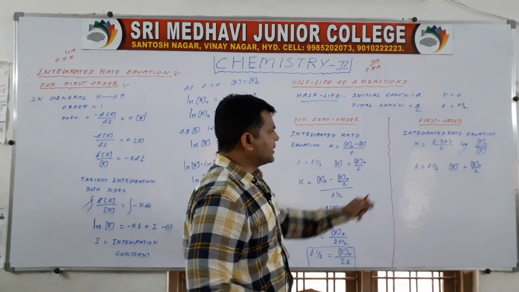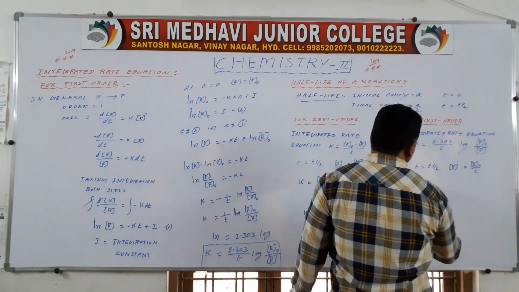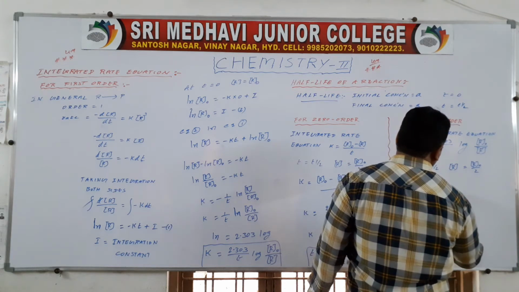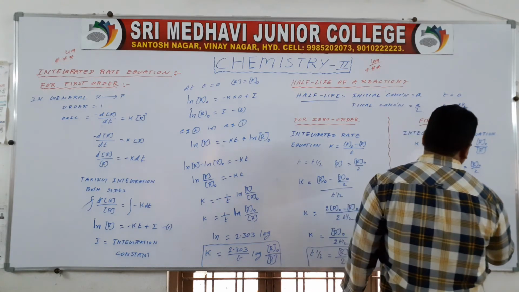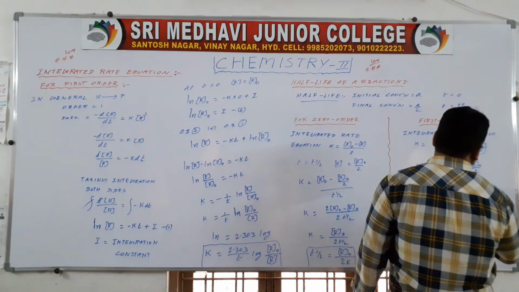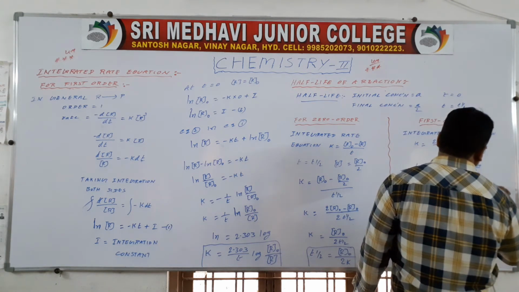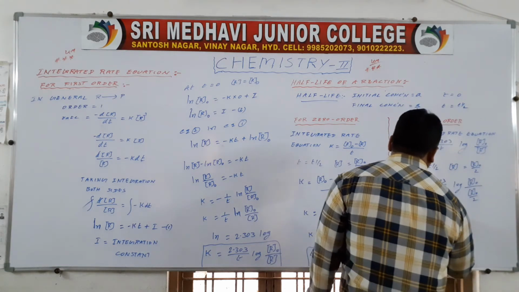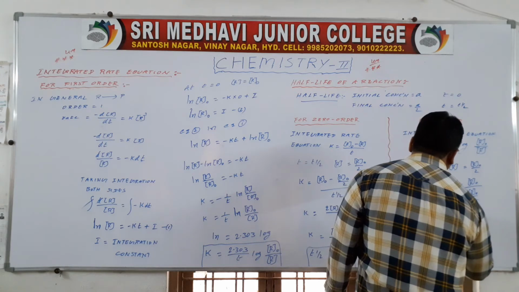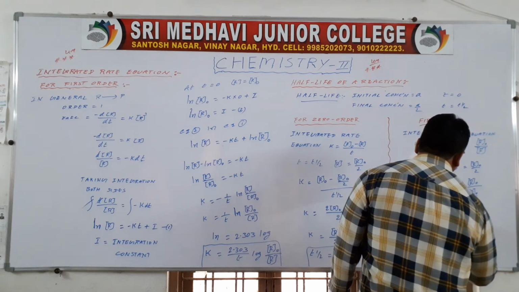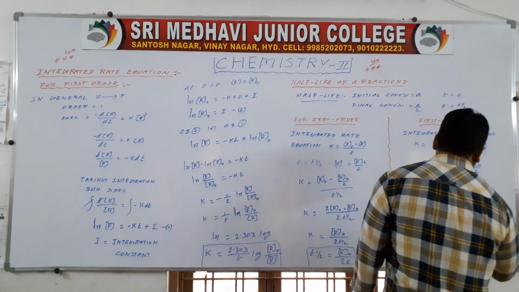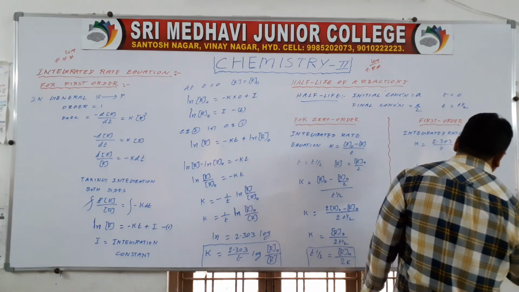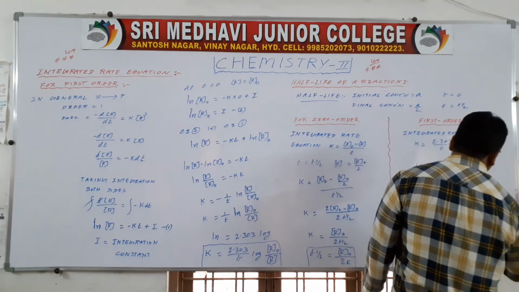In the same way, substitute these values for first order. k equal to 2.303 by t half log R naught by R naught by 2. Then k equal to 2.303 by t half log of 2 R naught by R naught.